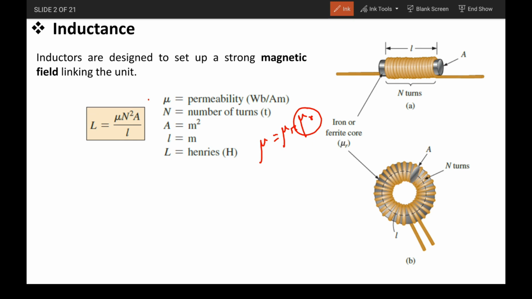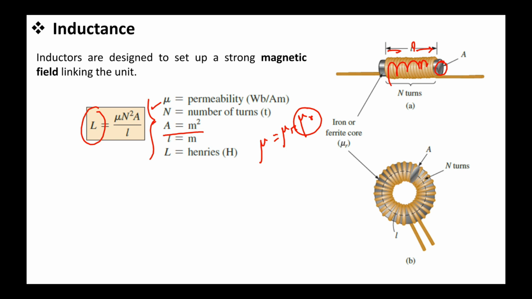From this formula we can calculate the inductance value, where mu is the permeability, N is the number of turns in this inductor coil, A is the area of the core where this coil is placed, in meter square, and L is the length of this coil. Finally we get the inductance value in Henry, the unit of inductance.